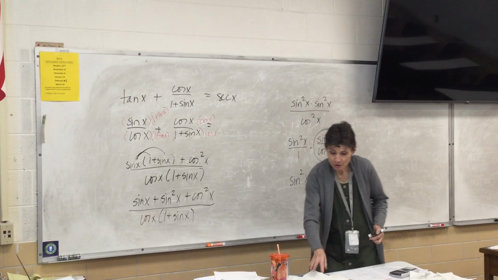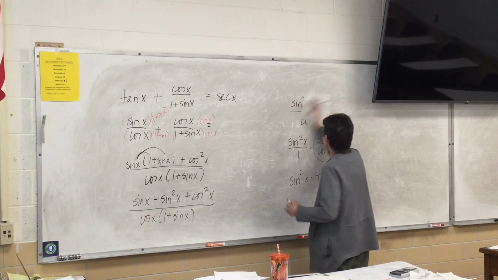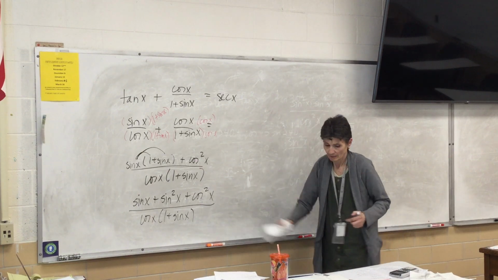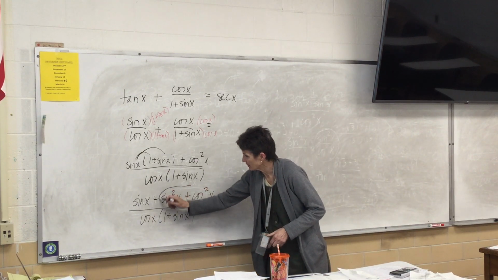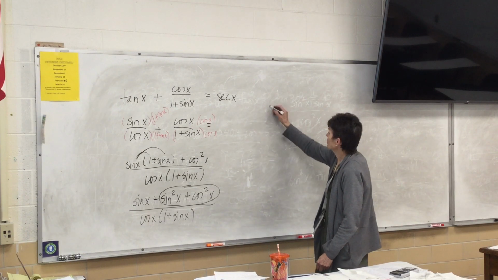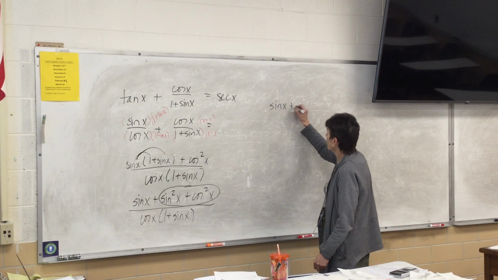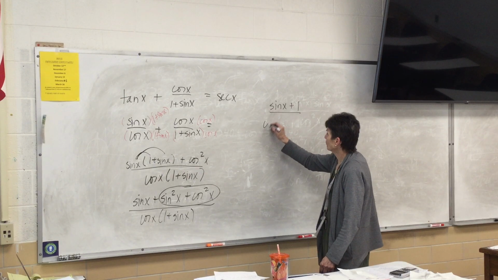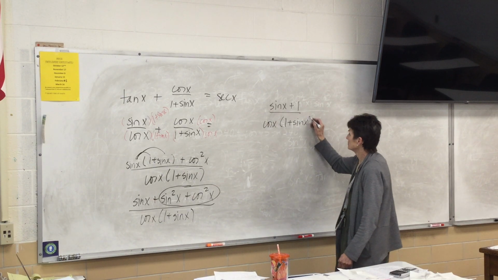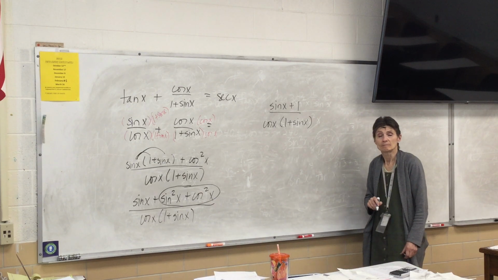Now you should be getting all excited, because what's this right here? That's 1. So we have sine plus 1 over cosine times 1 plus sine. Well, wait a minute.